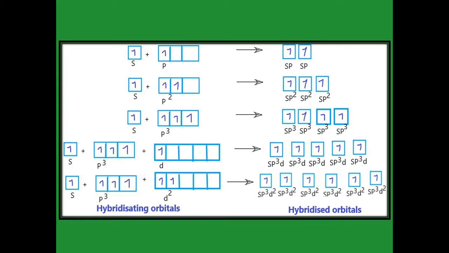Last one, one s orbital, three p orbitals and two d orbitals. Totally six orbitals, so we get six hybridized orbitals of sp3d2, and each orbital contains one electron.